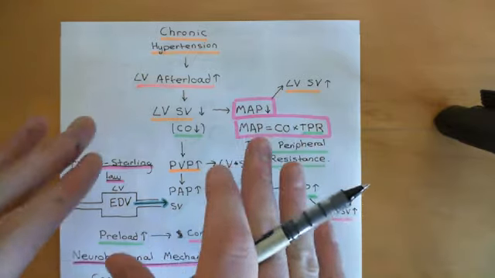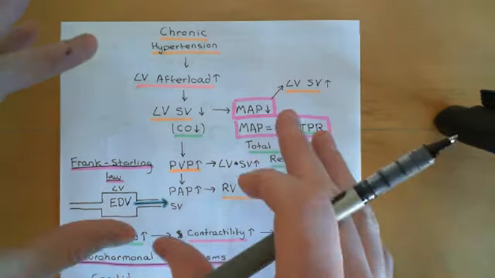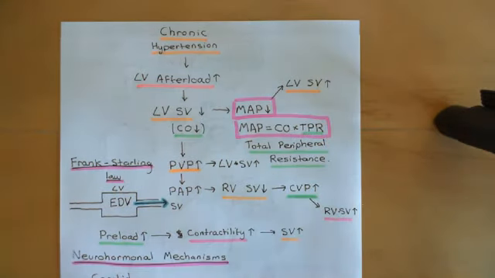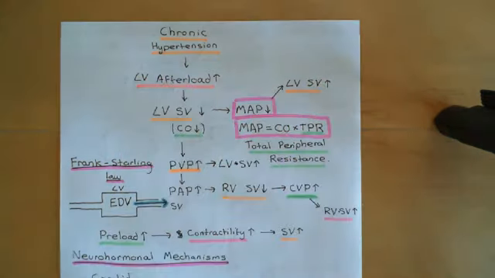Yes, the stroke volume was reduced from what it should have been, but the rate of hypertrophy was much, much less in this case than if you have the neurohormonal mechanisms. So trying to stop hypertrophy and that deterioration is the main focus of heart failure medications.